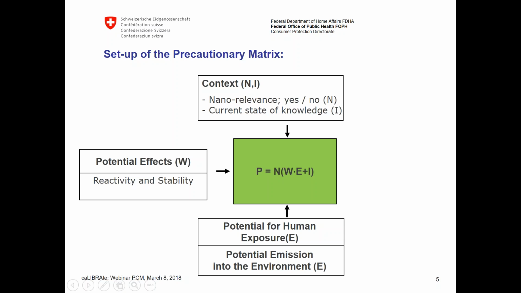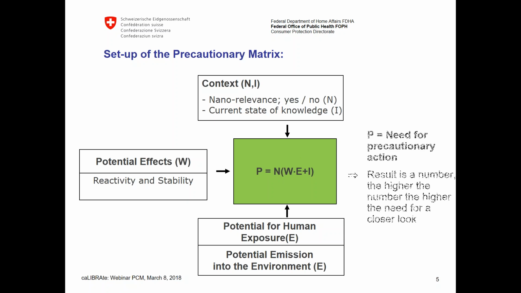And then with these scores, the matrix uses this equation for calculating the precautionary need. The higher the precautionary need is, the higher is the number you will get, and if you have a high number, there's a need to have a close look at the risk situation.